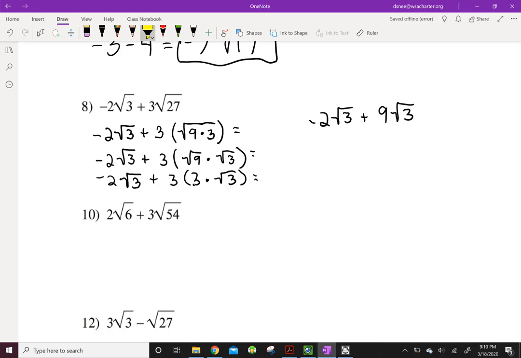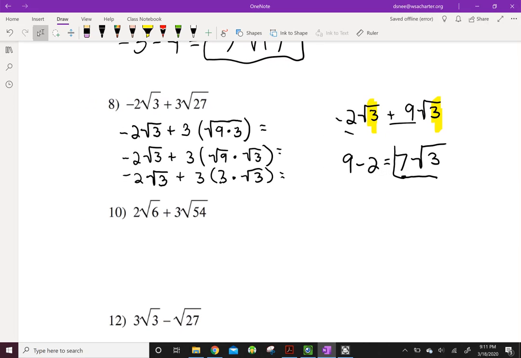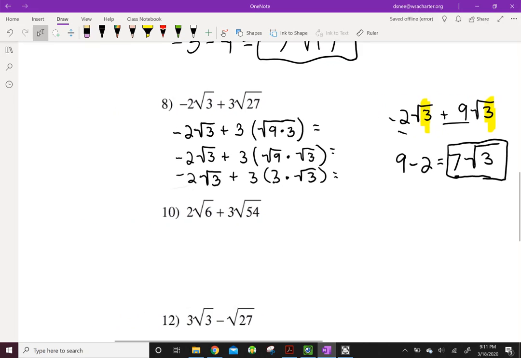Now I have the same radicands, and I can combine my positive 9 and my negative 2. Positive 9, negative 2. I can do it just like this if I want to. 9 minus 2 equals 7. And copy the square root of 3. So 7 root 3 is my simplified solution to that problem.